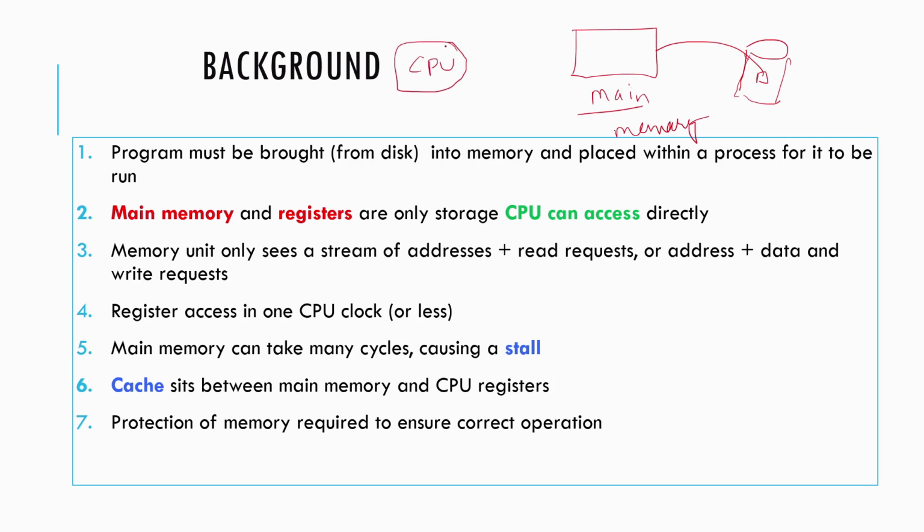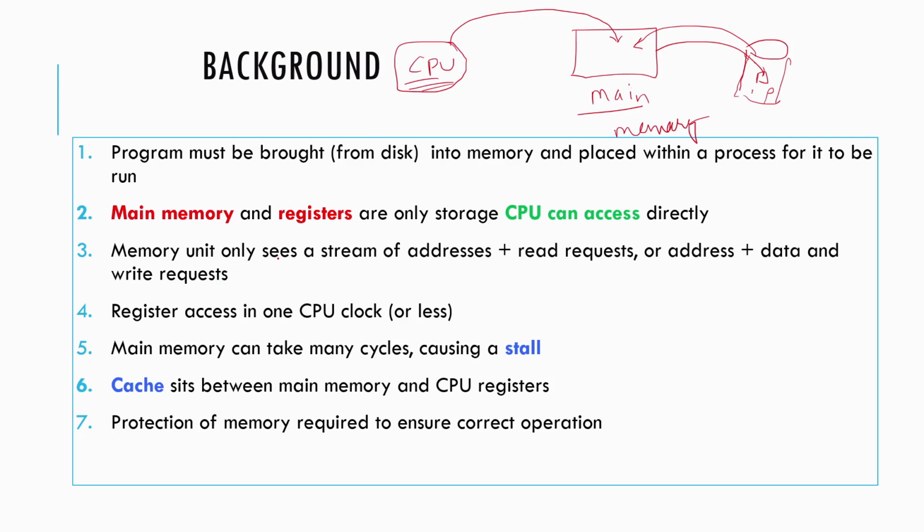And the CPU can access the data from this main memory only, it cannot access the data from the disk. So for running the program, whatever program is there is first brought into the main memory. From that, the execution, everything starts in the main memory. And this is the place which the CPU can access directly.